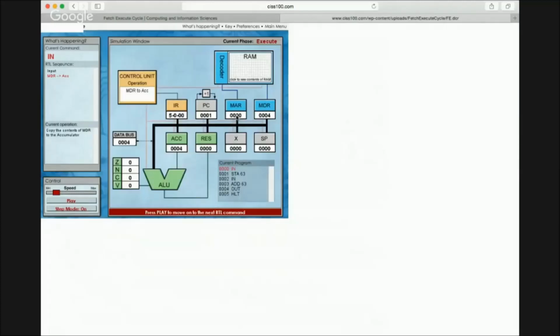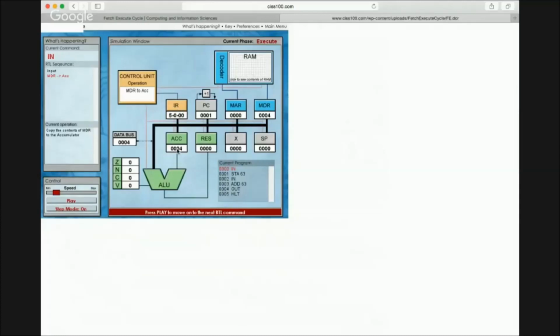Memory address register location will go up to location 1 and bring down the instruction that's located at memory address 1 into the data register. The data register will then transfer this to the instruction register. The control unit will decode the next instruction, which of course we know corresponds to STA 63 or 2063. It will then get executed.